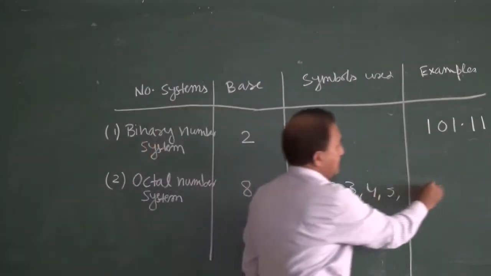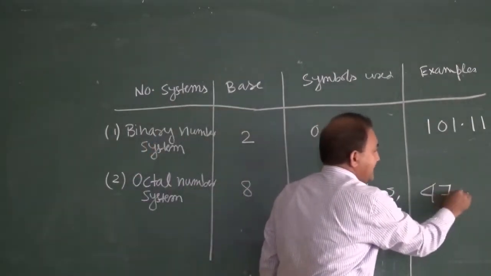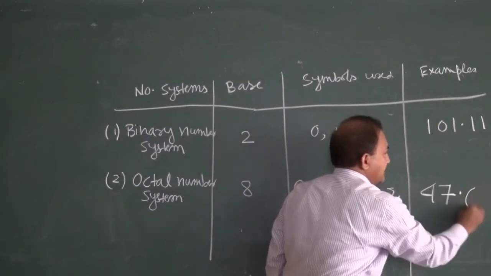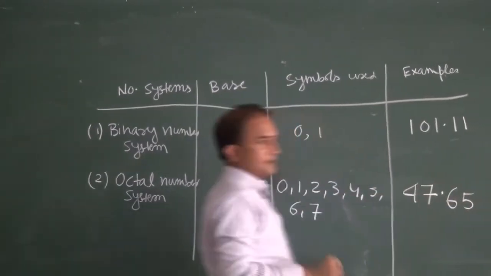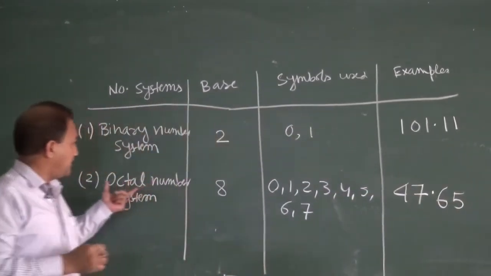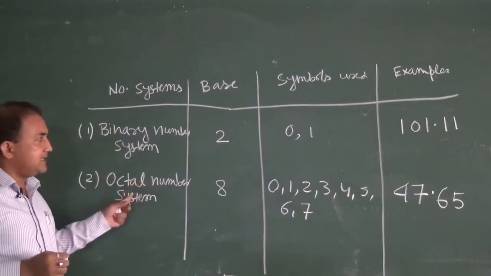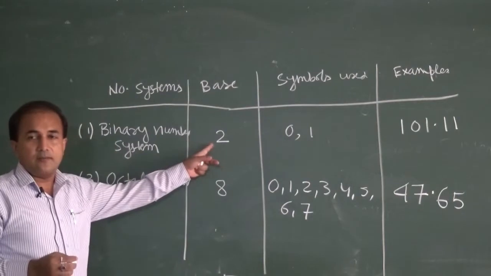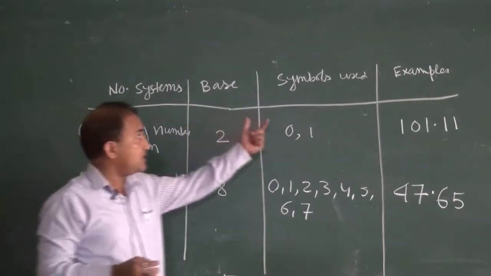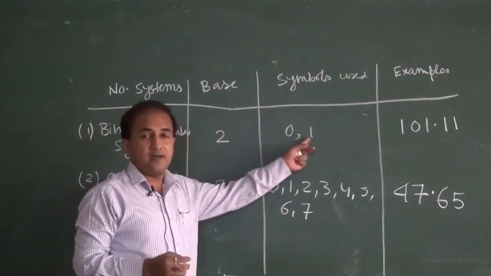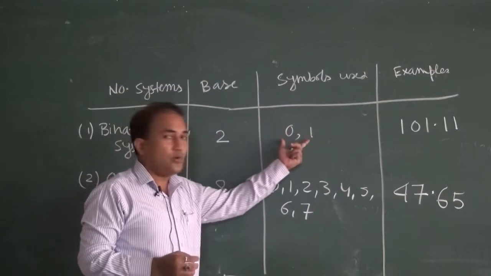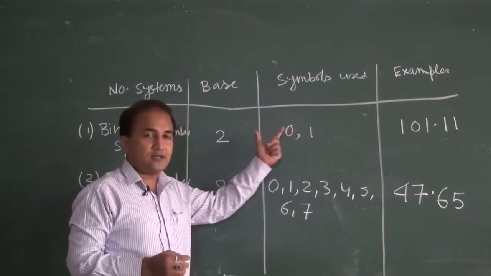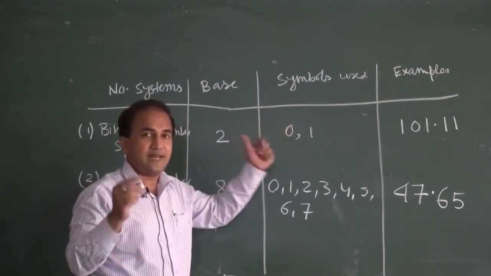Example, you can write like 47.65. See, in octal number system, base is 8. In binary number system, base is 2. Base is 2 means the symbols used are 0 and 1. Only 2 bits. Later on I will tell you what is bit.